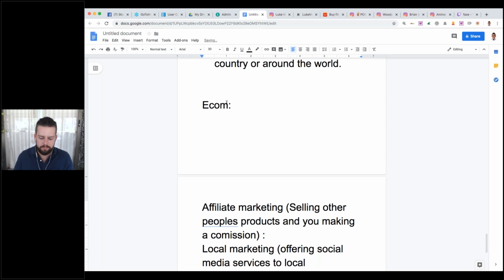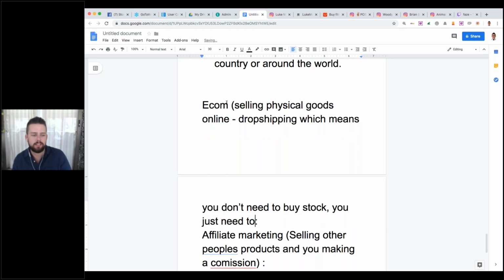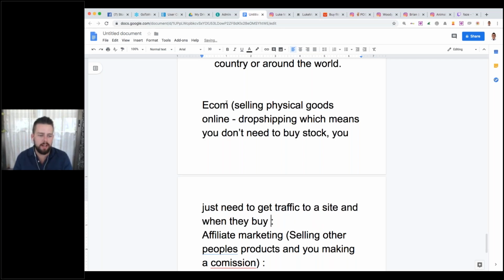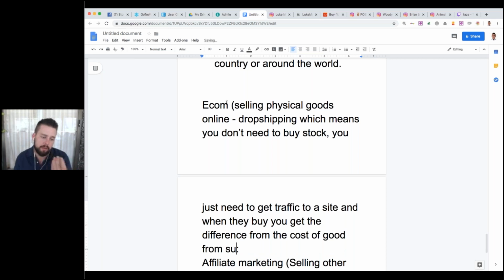And e-com, this essentially is selling physical goods online, drop shipping, which means you don't need to buy stock, you just need to get traffic to a site, and when they buy, you get the difference from the cost of the good from the supplier.